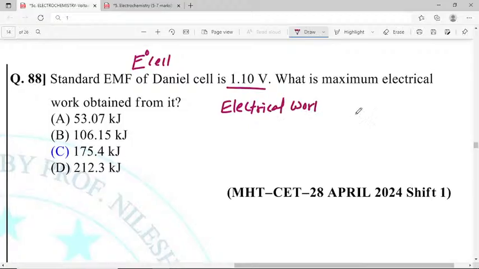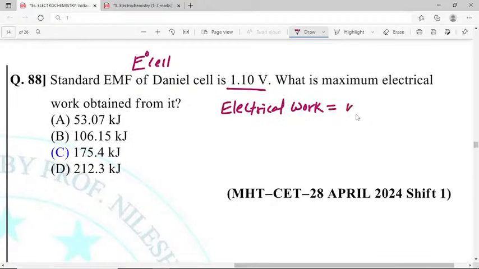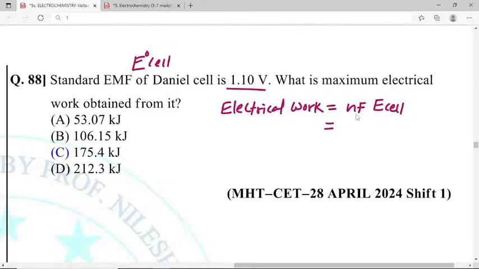Electrical work is equal to nF E cell. So, in Daniel cell there are two electrons: 2 multiplied by 96500 multiplied by E cell 1.1.